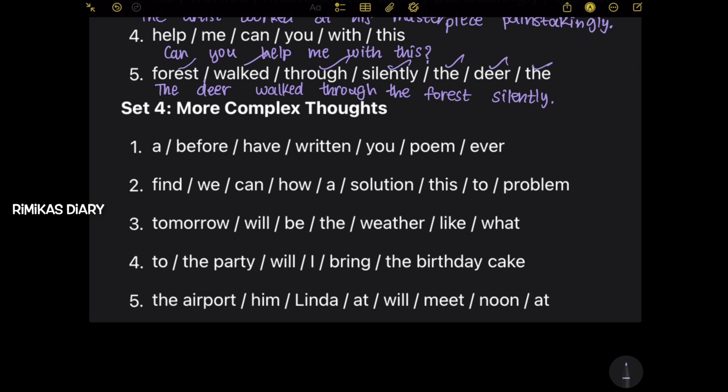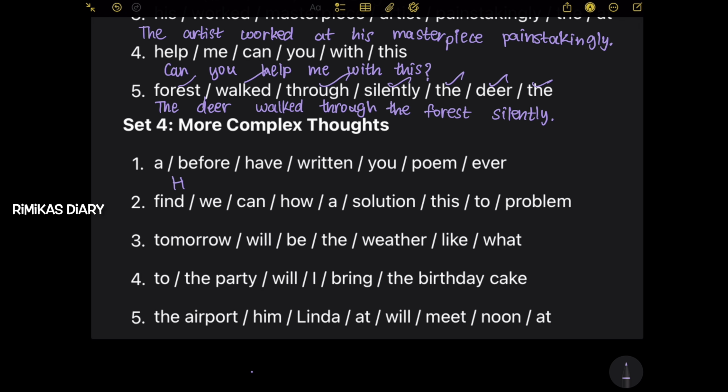Set 4. So these 5 questions are more complex thoughts. Before have written you poem ever. So have you ever written a poem? Have you ever written a poem? So it's a question. Find, we can, how a solution this to problem.